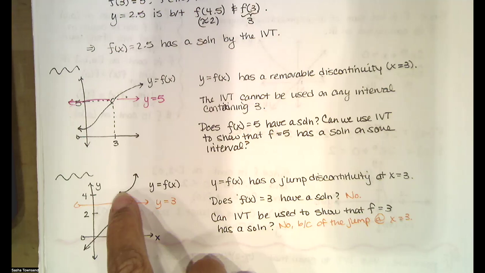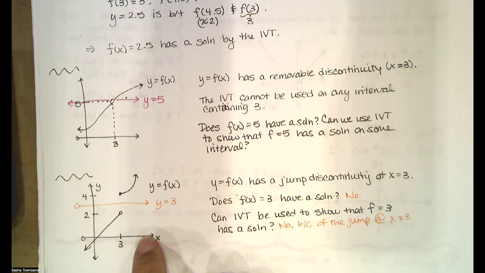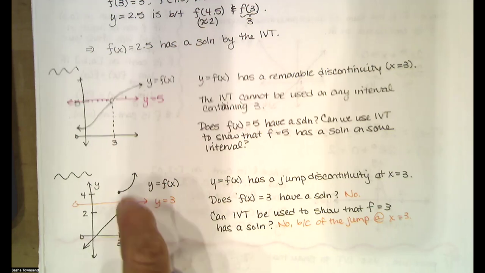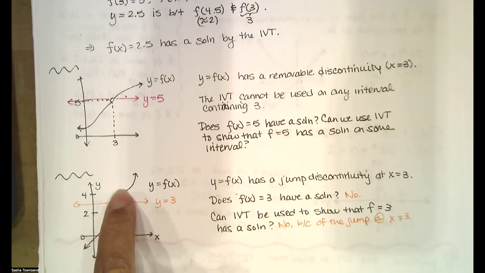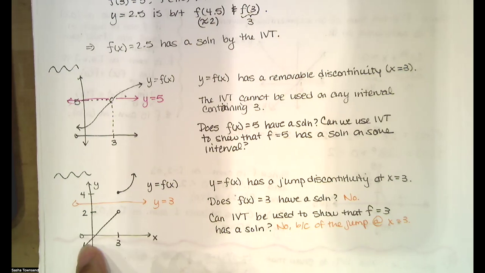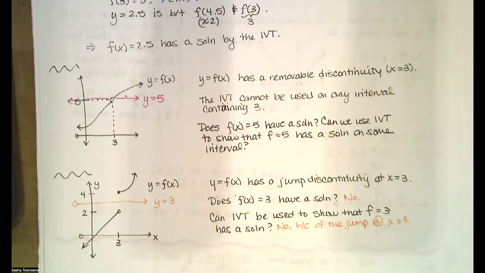Now, if this parabola, instead of pointing up, had been pointing down, the equation might have a solution, but we couldn't use the theorem to show it, at least not on any interval including 3. We could use the intermediate value theorem to show it on that continuous piece. But because the function is discontinuous and because we have the jump discontinuity, we don't get all the y values on any interval. We get y values from negative infinity to 2 and y values from 4 to infinity.